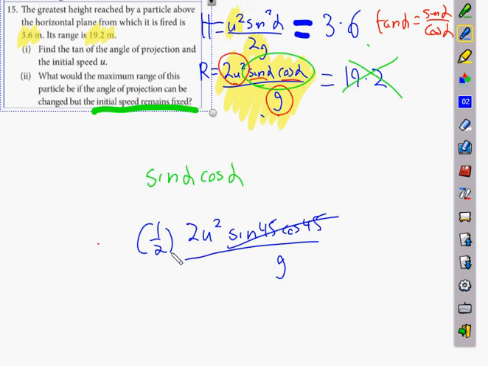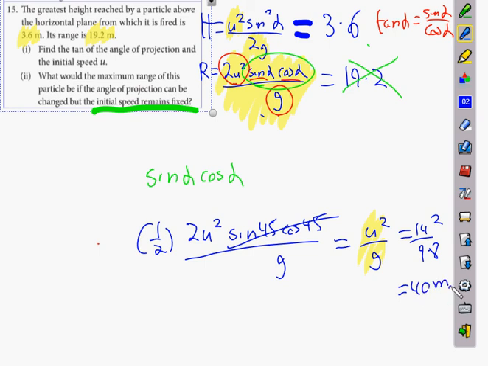And a half of 2u squared is u squared over g. That's your maximum range, because that's when your angle is set at 45 degrees. Okay? And then all you have to do is put in your u value of 14. So it'll be 14 squared divided by 9.8, and our maximum range will be 40 meters.